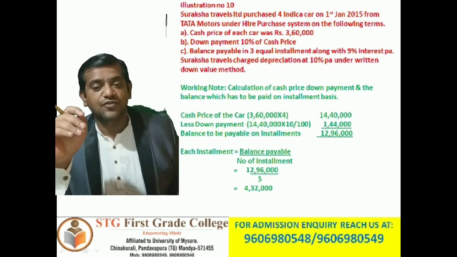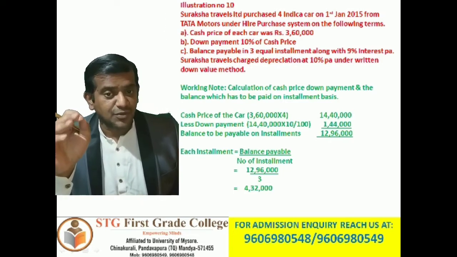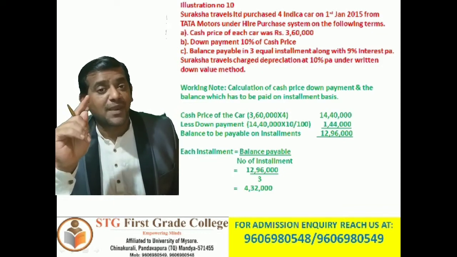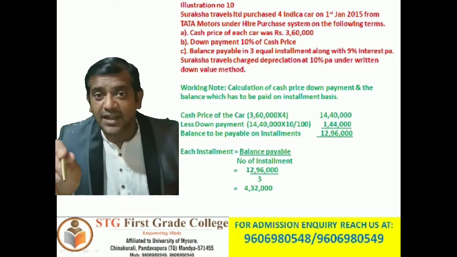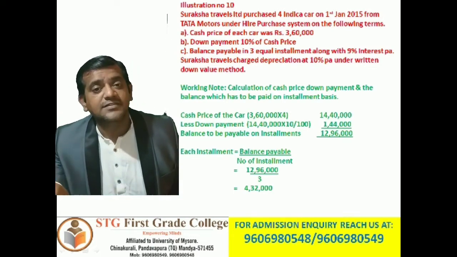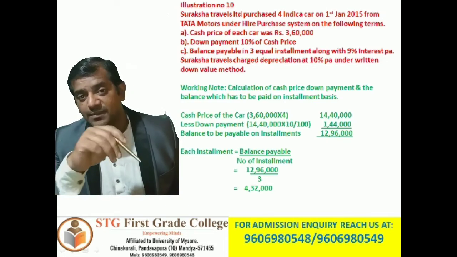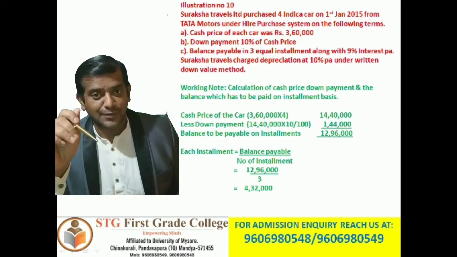So that comes to 4,32,000. How much? 4,32,000 is each installment which has to be paid for 3 consecutive years, because it is clearly said in the problem that the balance should be paid in 3 annual equal installments. Clear? So let us open a motor car account.